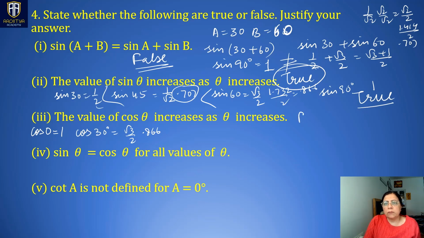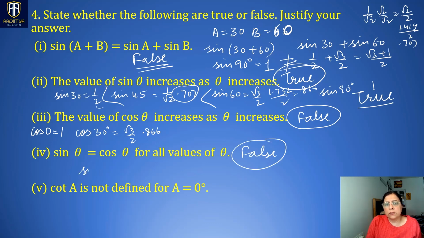So we can write here that this is false, right? Now for sine theta is equal to cos theta for all values, this is false. You can see that sine 30 is half and cos 30 is root 3 by 2. You can give any one example. So this is false.